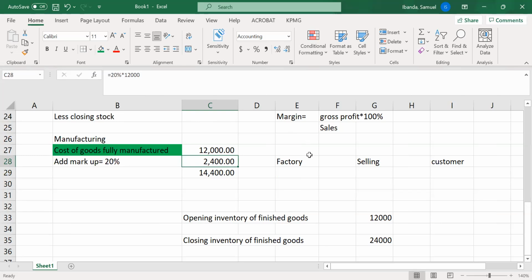We only realize profits when we sell to the final customer. So we now have to compare the two provisions. We create a provision account, and we know provisions have a normal credit balance. The provision is there to cater for the unrealized profit on your inventory.